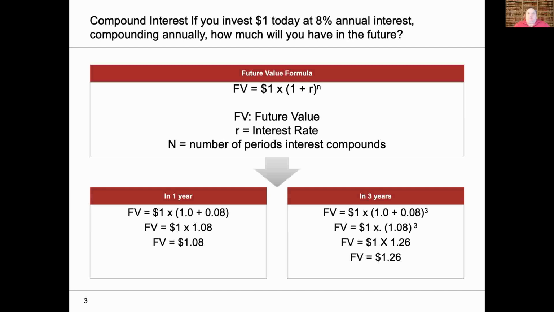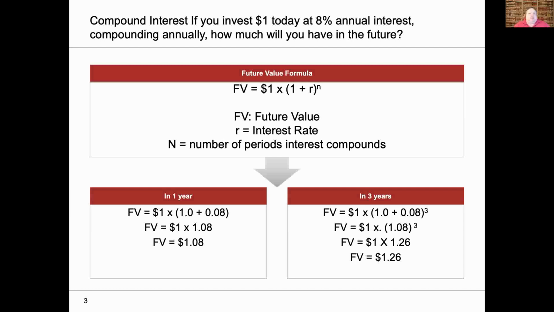And so to calculate what the future value will be in 3 years, we use a multiple, again, 1 plus the interest rate, 0.08, raised to the number of years you're going to be investing, which is now 3. So the multiple is 1.08 cubed, or 1.26. So we multiply the amount you invested, $1, times 1.26, and the future value will be $1.26.